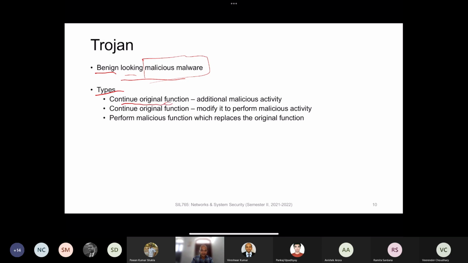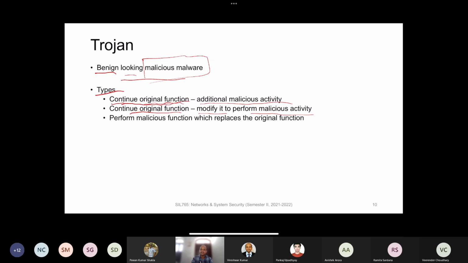In one category, the Trojan will have some benign function, because it looked like it was doing something. So when it infects your system, it will continue to perform that original function, but it will also do an additional malicious activity. The second type continues to do the original function, but modifies it in such a way that it leads to malicious activity, for instance sending some information to a remote entity.